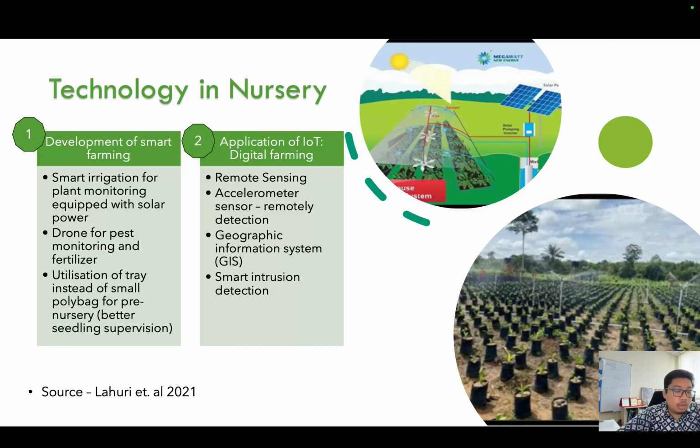So it's easier using a tray. Number two, the application of IoT digital farming using remote sensing. Remote sensing uses a lot of sensors to give feedback on the application, such as web application, accelerometer, GIS and smart intrusion detection.